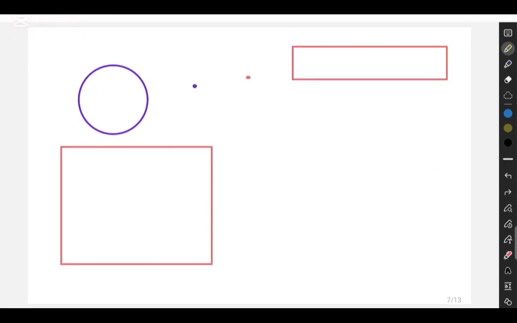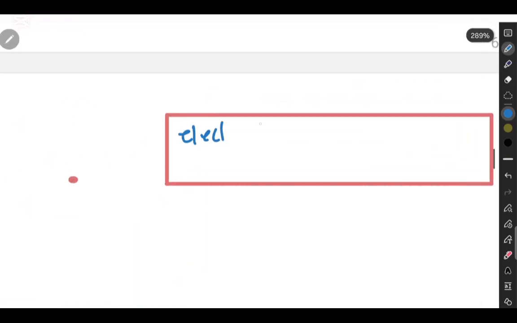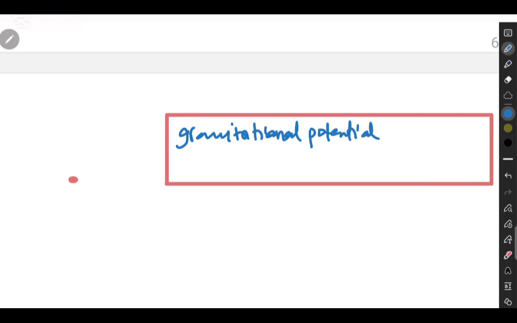Okay, now we're going to be looking at 2 very important things. I'm going back to the electricity chapter: gravitational potential, and something that you might have already seen before or heard about, gravitational potential energy.